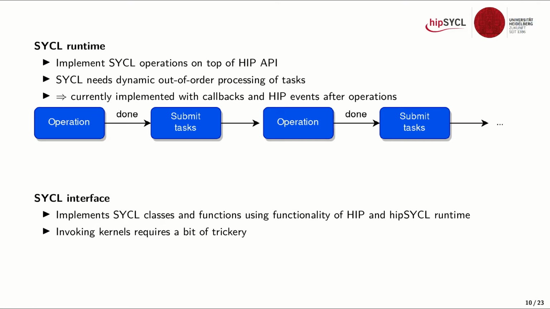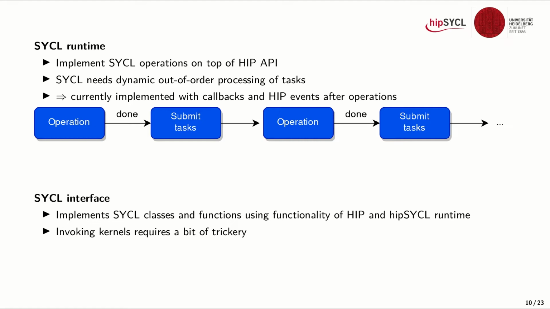The SYCL runtime is in principle relatively straightforward, so it implements the SYCL operations on top of hip. However, in SYCL we need dynamic out-of-order processing of tasks, whereas in hip there are only in-order queues. So we need to add this mechanism to hip. And this is done using a signaling mechanism at the moment, using callbacks and hip events.